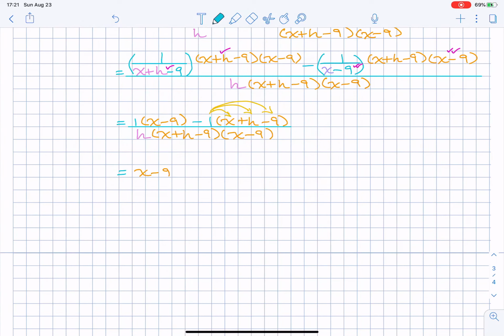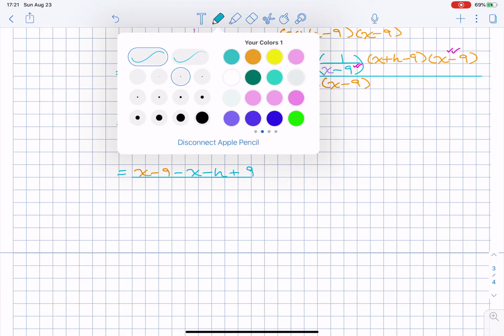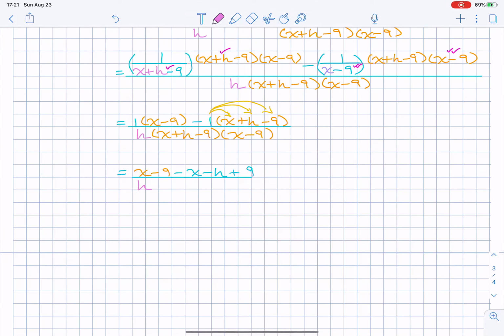And then distributing the negative 1, we'll have negative x, negative h, and positive 9 all over h times the quantity x plus h minus 9 times the quantity x minus 9. But notice now that x minus x goes away, that negative 9 and positive 9 go away.